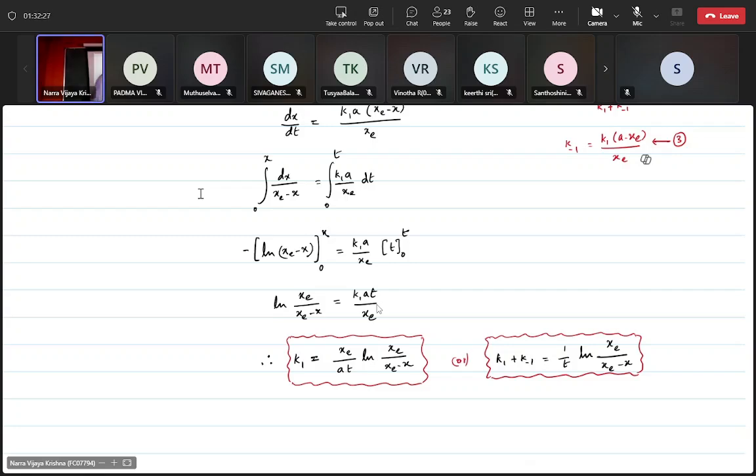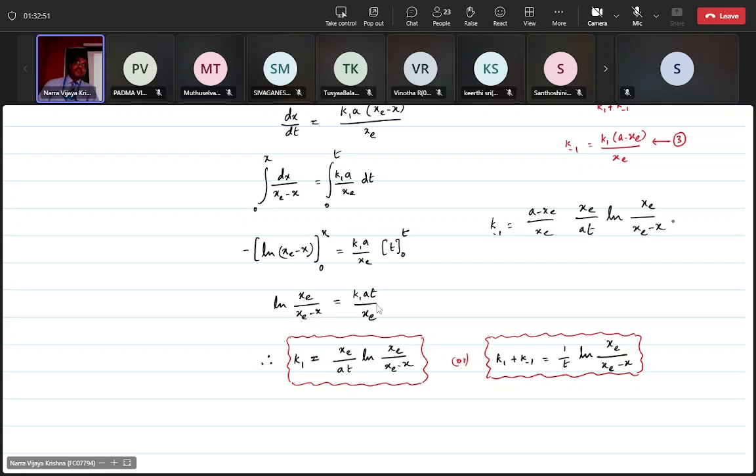Correct? Now you know the k1 equation, right? Substitute this k1 equation here. What do you get? k minus 1 equals (a minus xe) upon xe into, instead of k1, xe upon a t ln xe upon xe minus x.